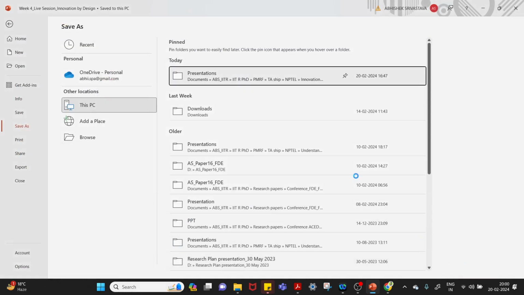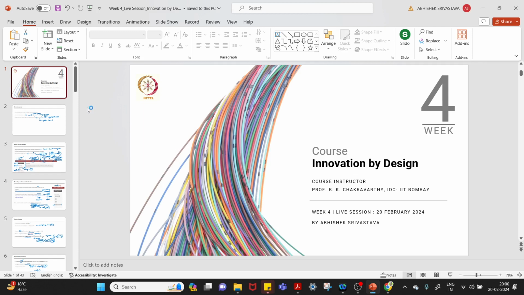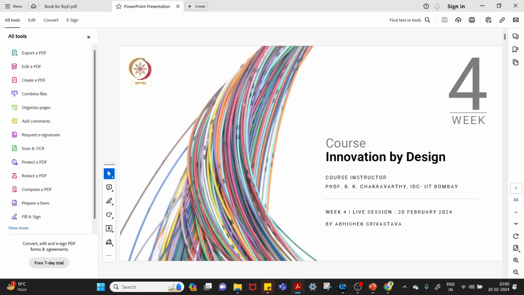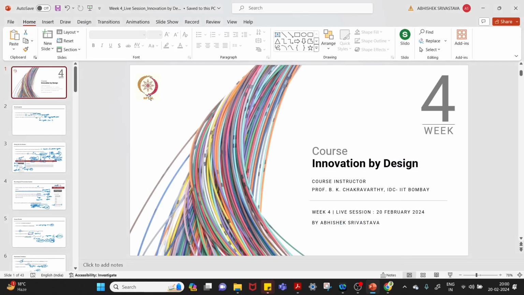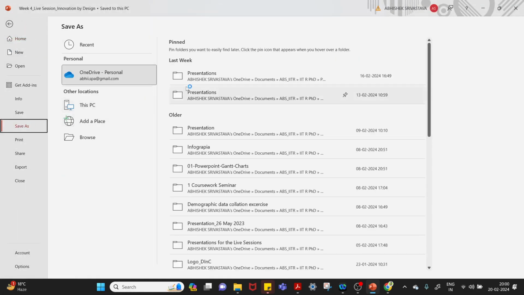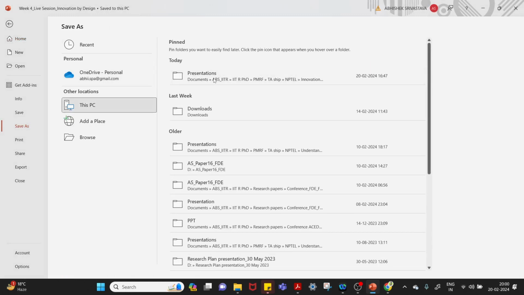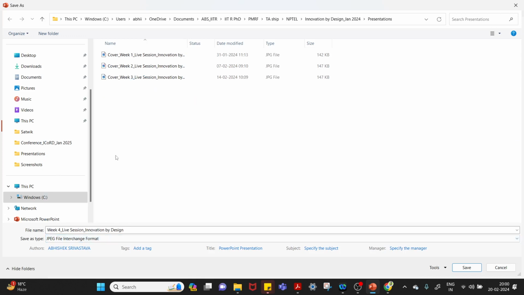We are basically trying to save the PDF of the entire session, and yes, it's there. What we'll also do is save the cover page of it in JPG format.